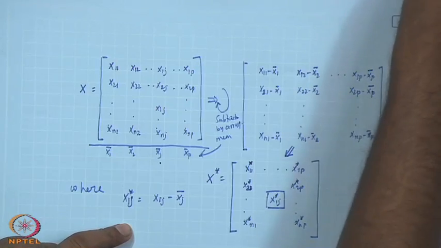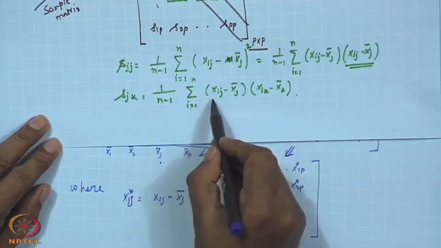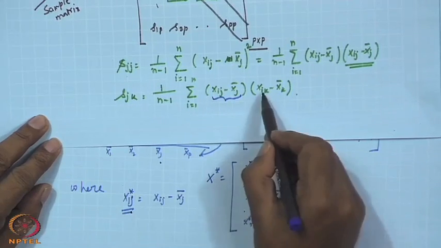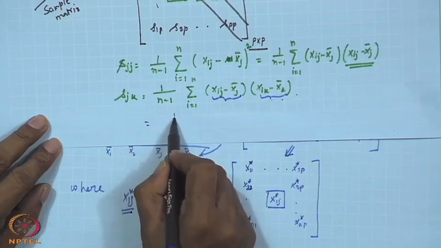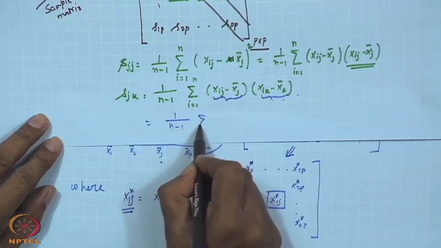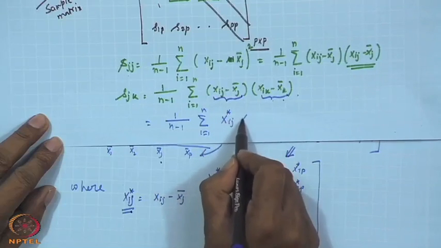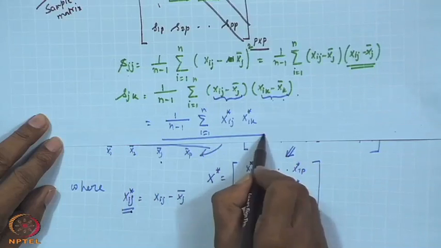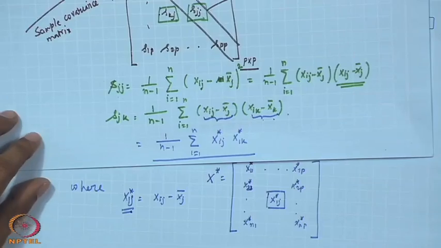Now, if I use this formula, what will happen then? In this case, x ij minus x j bar is x star ij, and this one will be x star ik. So, the resultant expression will be 1 by n minus 1, sum total i equal to 1 to n, x star ij times x star ik.